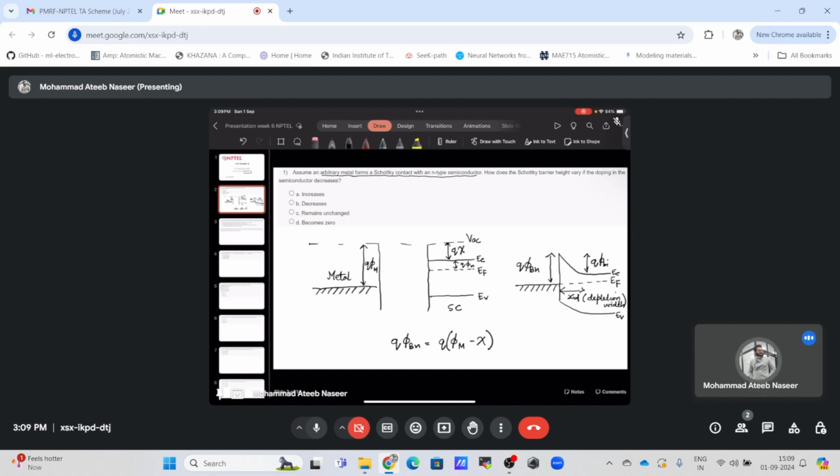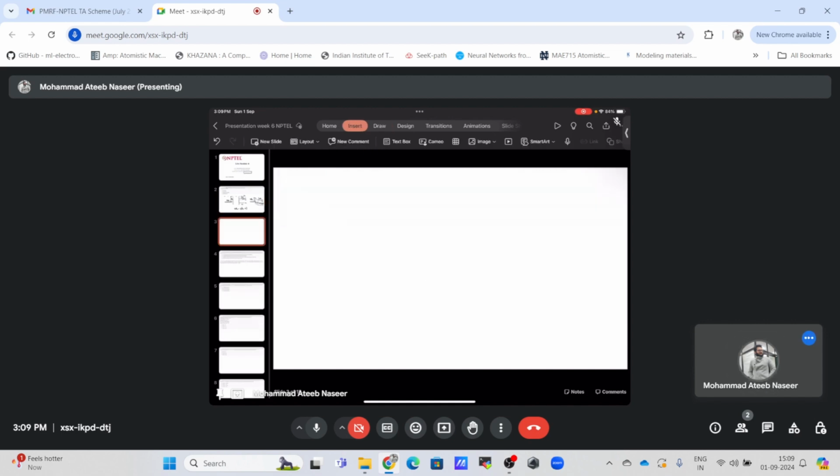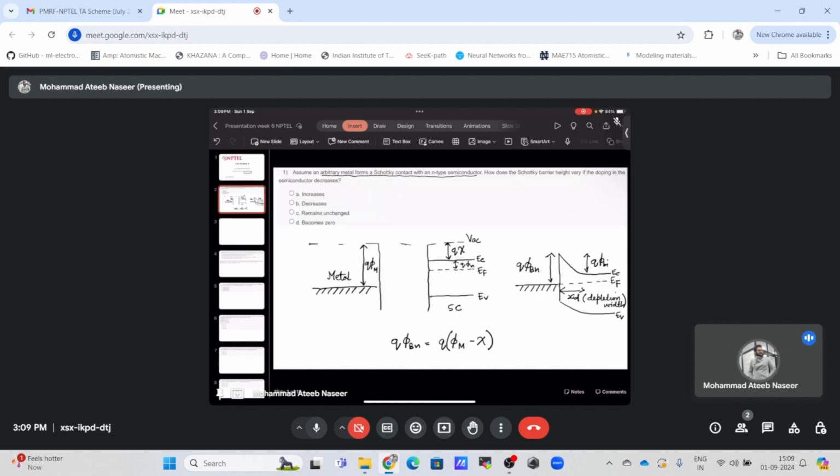So what we can infer from this is, let me use another slide. Let me write this down. This is the Schottky barrier height for metal and n-type semiconductor.